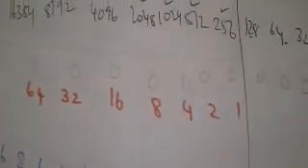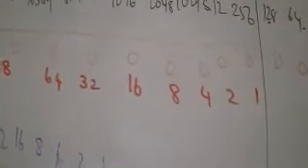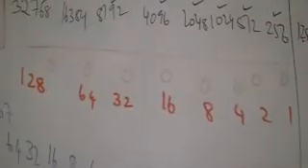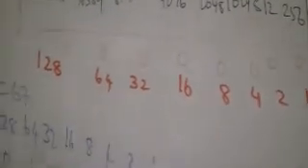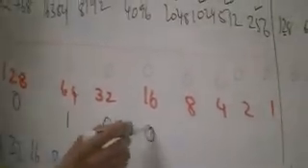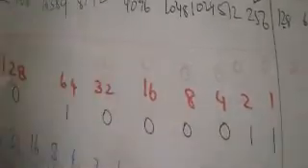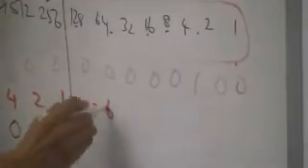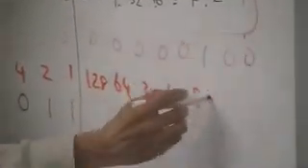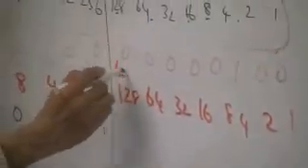Within that byte we break it up into powers of 2, so 67 will be represented like this. And the other byte is the same: 128, 64, 32, 16, 8, 4, 2, 1.